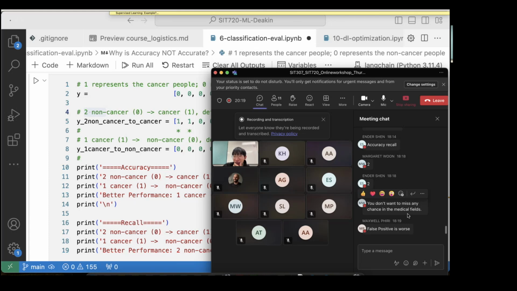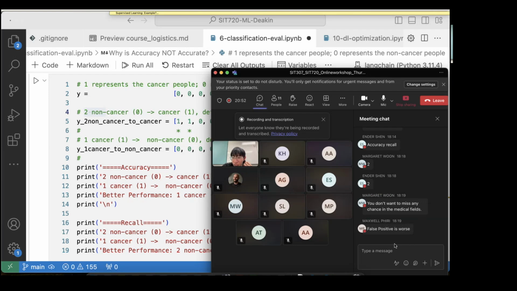It depends. If it's COVID-19 and you miss one person, there is a lack of doctors in the medical centers, so you can miss some COVID people because they won't die, right? They just go back home, they may have a fever, then a few days later they become healthy. But for cancer, in this case you don't want to miss any chance.